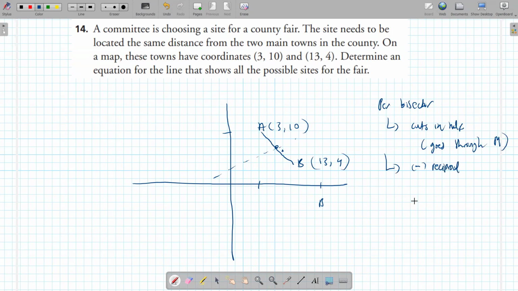So what's the midpoint between A and B? 8 and 7. Now, how do we find the equation of this line that goes through 8 and 7?